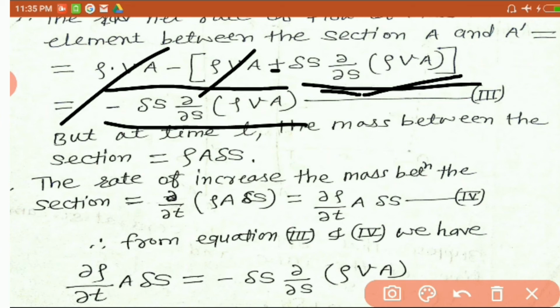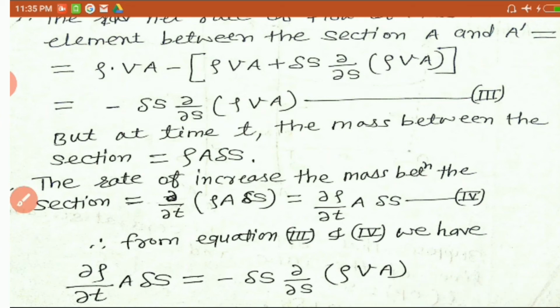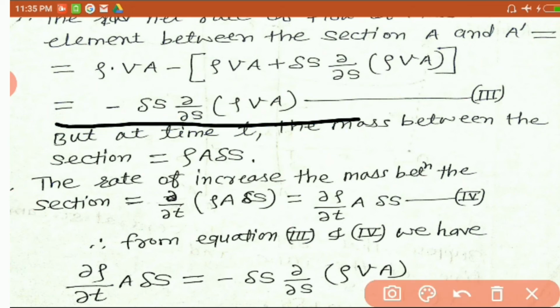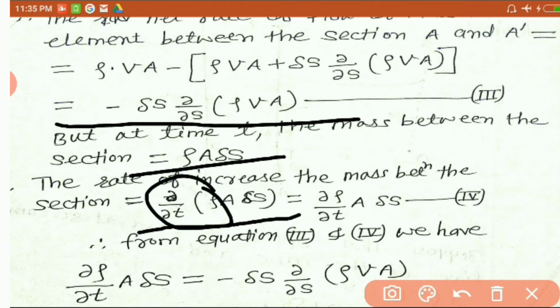So therefore the net rate of flow of mass into the element between the section A and A dash is minus delta s dou by dou s rho into va. But at time t, the mass between the section is equal to rho A delta s. The rate of increase of the mass between the section, dou by dou t of rho A delta s, is equal to dou rho by dou t into A delta s. Suppose this is 4.